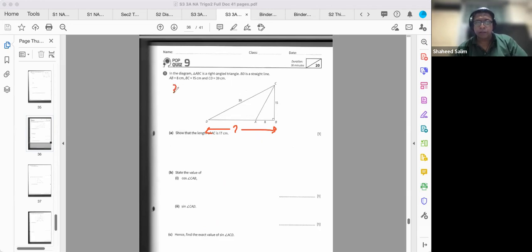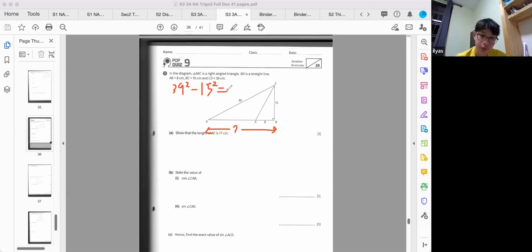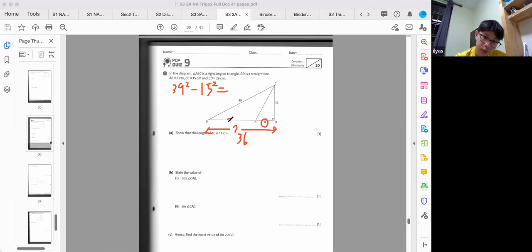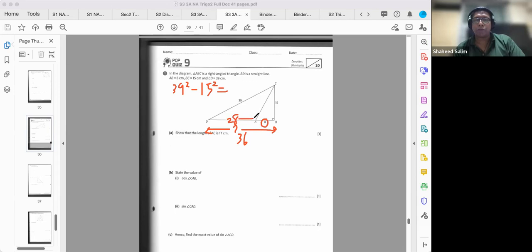You agree it's 39 squared minus 15 squared, and square root it? 36. 36 minus 8, what do you get? 28. So it's not isosceles.